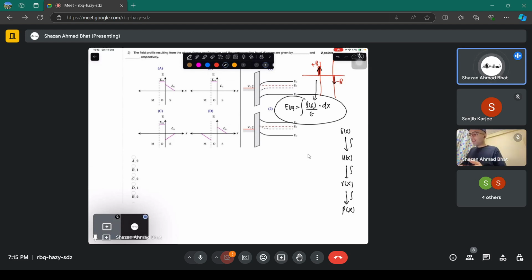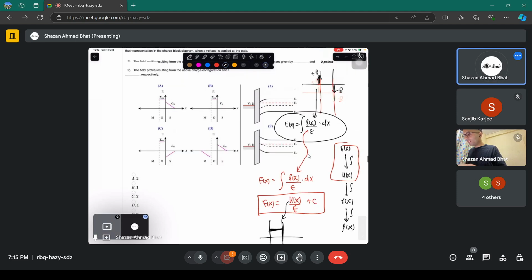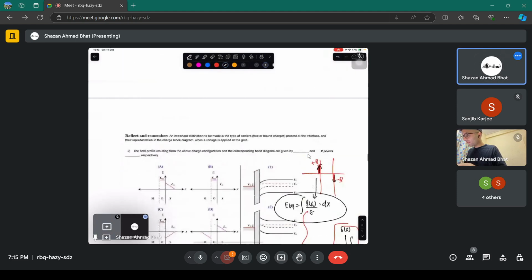Now, what you have here is this scenario. That means the electric field E of x is equivalent to the integral of some delta function of x divided by epsilon dx. When you integrate it, you get the unit step function of x by epsilon plus some constant. As simple as that. The unit step function is constant, in the oxide, in this particular region.